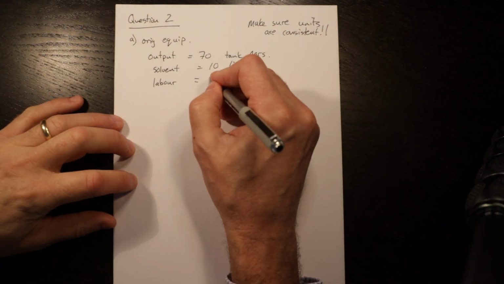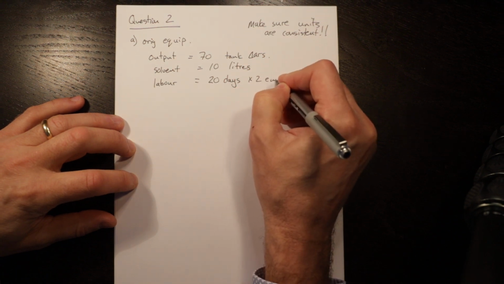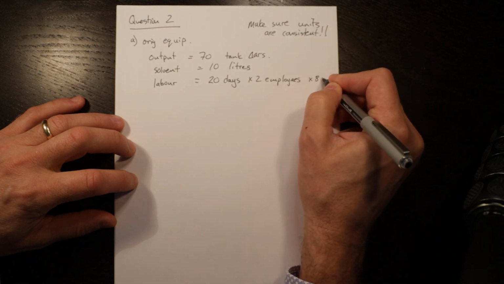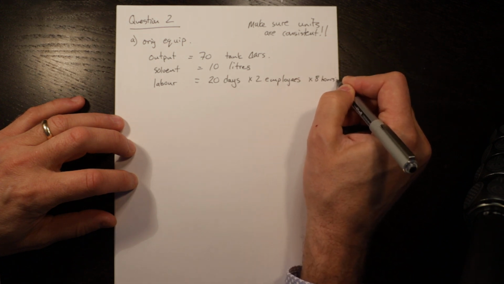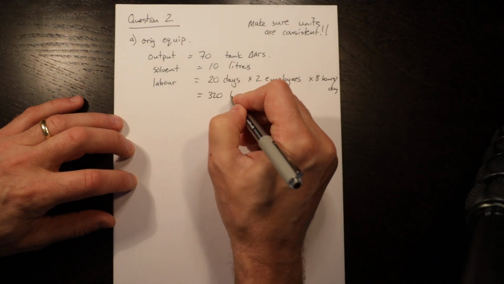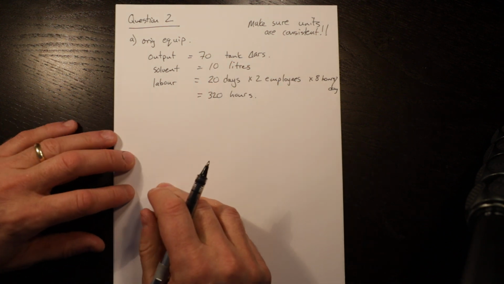So in this circumstance, we're going to do 20 days times 2 employees times 8 hours per day equals 320 hours. So for these 70 tank cars, we did 320 hours.